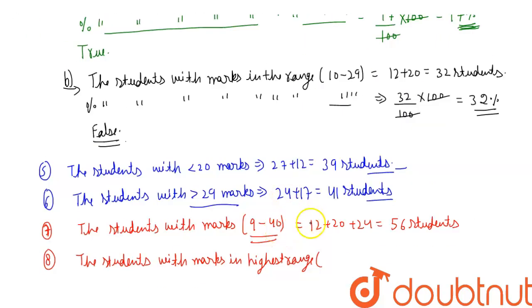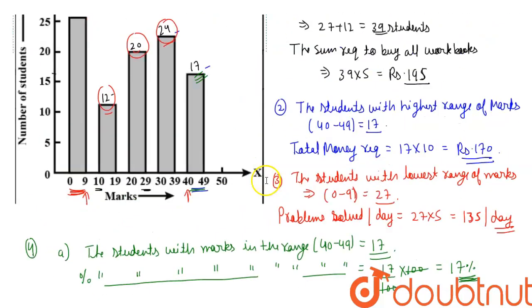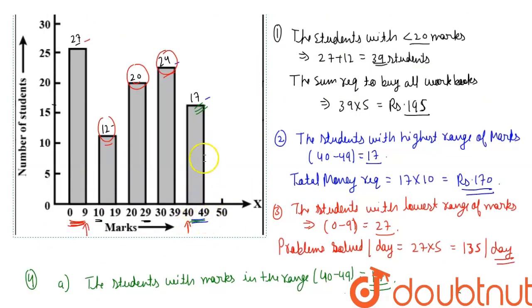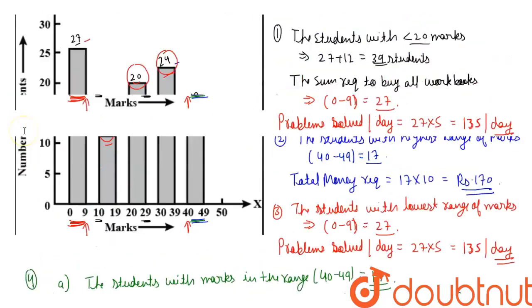So the students ranging with marks from 40 to 49 number 17. So there are a total of 17 students who have got marks in this highest range, that is from 40 to 49. Now at last they have also given us one more part of the question.